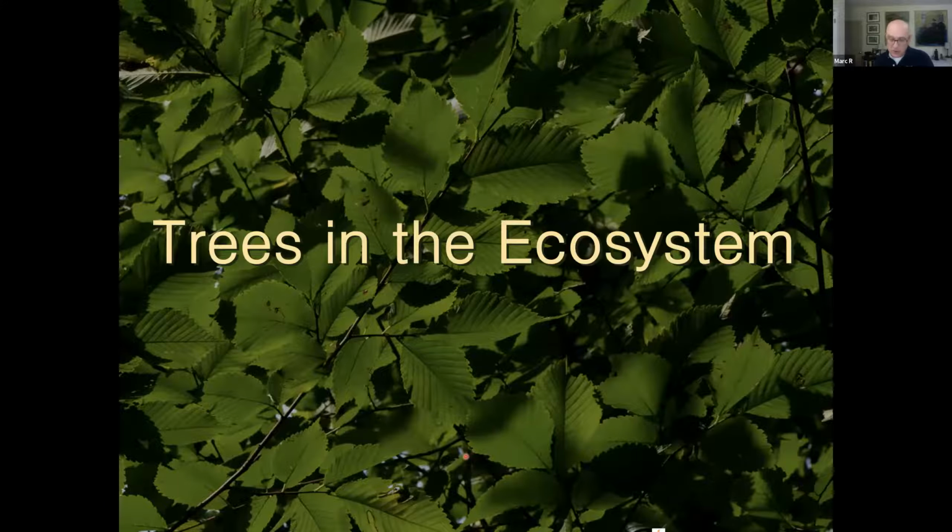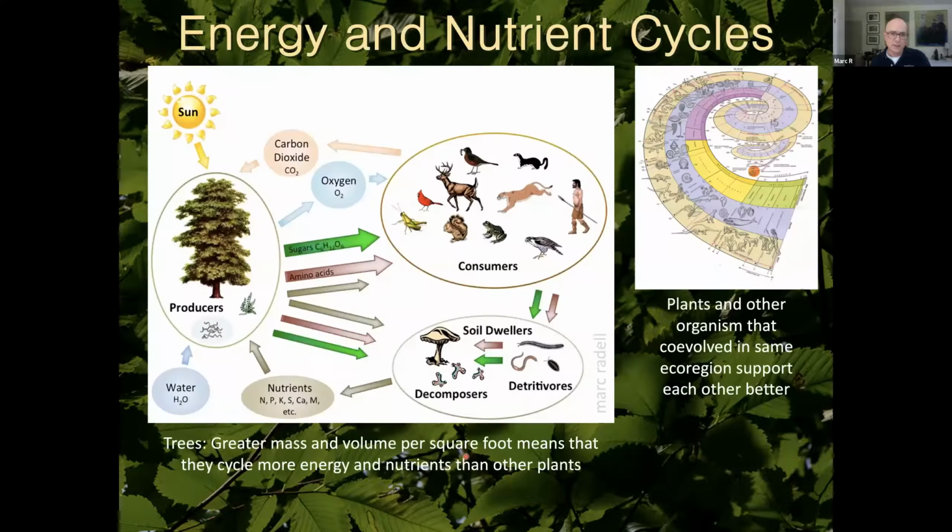Now we'll talk a bit about the trees' roles in the ecosystem. As we mentioned earlier, only plants can photosynthesize and convert the energy of the sun. There are sulfur-based organisms in the deep seas that can convert sulfur to energy, but on land, all the energy that gets passed on to organisms comes through the sun and through plants, which is really kind of incredible.